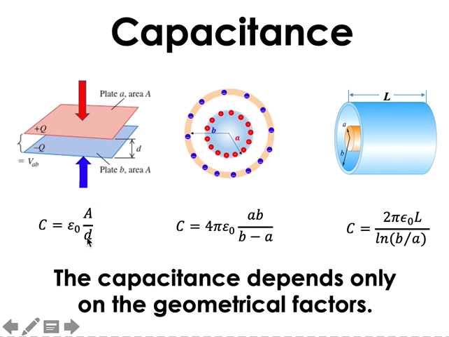For the parallel plate capacitor, its capacitance is equal to epsilon 0 times surface area A divided by separation distance D. For the spherical capacitor, it is equal to 4 pi epsilon 0 times radius A times radius B divided by the difference between these two radii. For the cylindrical capacitor, its capacitance is equal to 2 pi epsilon 0 times this length divided by log of B over A.